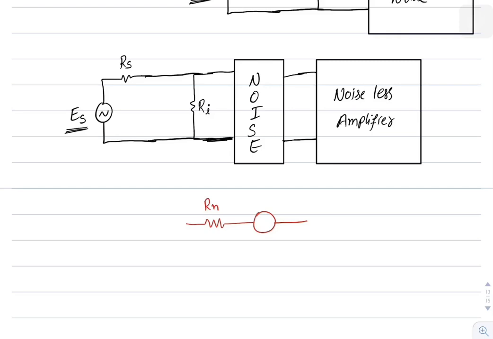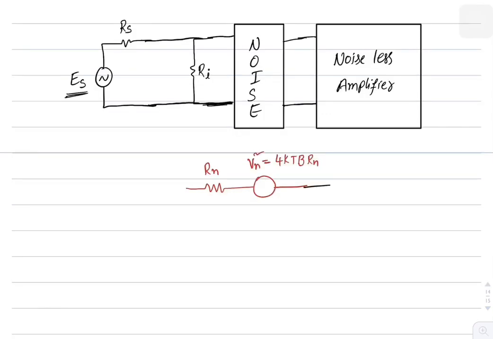The resistance is the noise resistance Rn. The noise voltage source means V noise square equal to 4kTBRn. So this is the Thevenin's equivalent for the noise source. Now I will draw the remaining circuit.